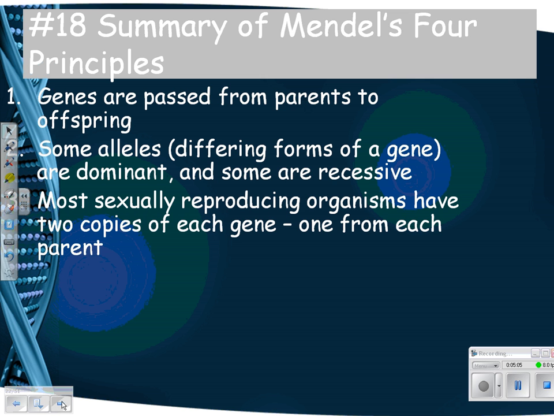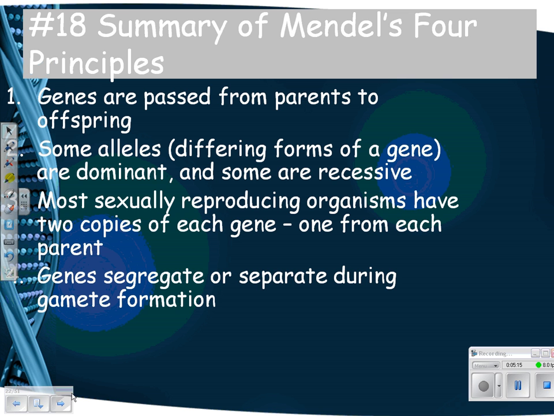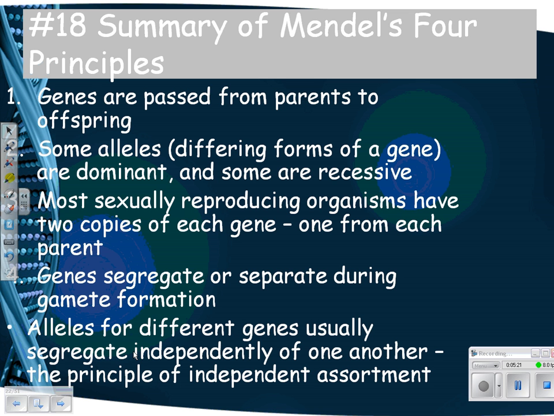And most sexually reproducing organisms have two copies of each gene, one from each parent. Genes segregate or separate during gamete formation. And then alleles for different genes usually segregate independently of one another. We call this the principle of independent assortment.